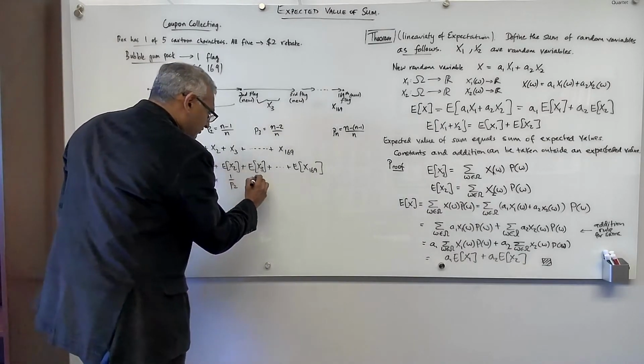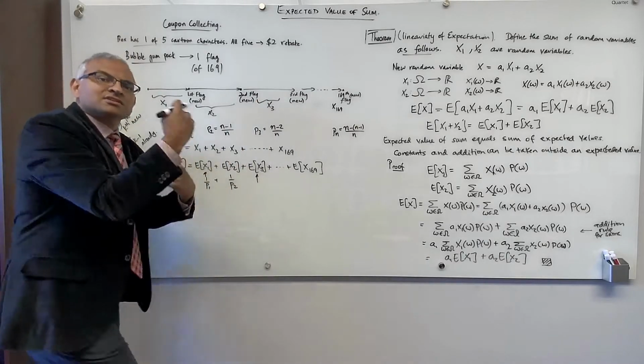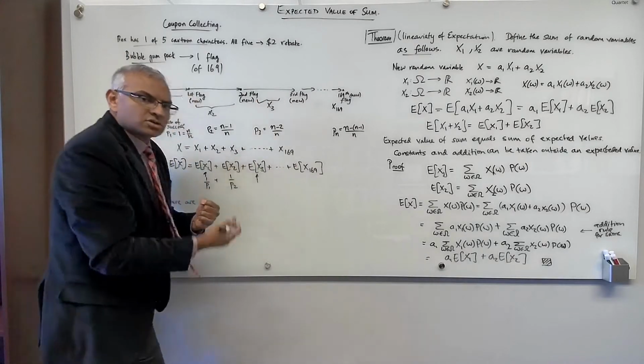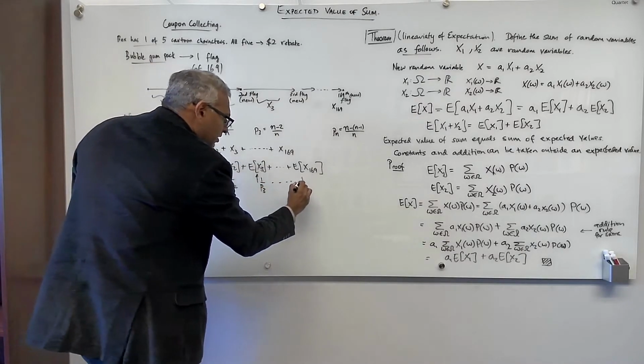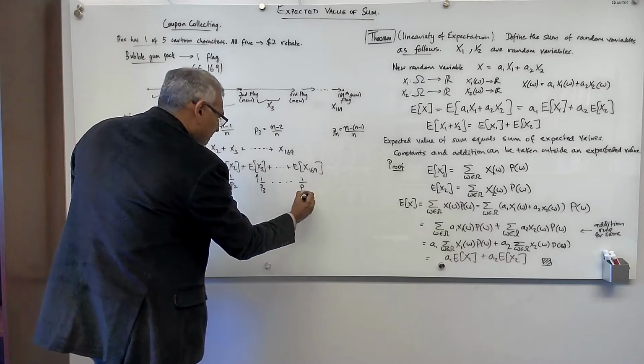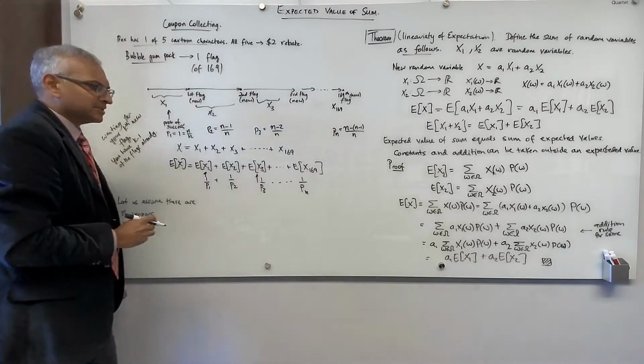And then here we have, the expected number of trials to my third success is 1 over the success probability for each of those trials. So it's 1 over P3, up to 1 over Pn, where n is 169 in this case.